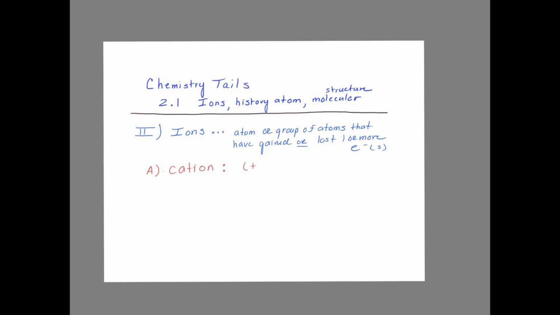Okay, a cation is positively charged because it has lost one or more electrons. For example, in general, if I have some element X that's a neutral atom, and if it loses an electron, it's going to form a +1 charge. If it loses 2 electrons, it's going to form a +2 charge.